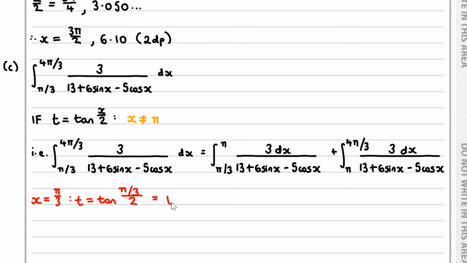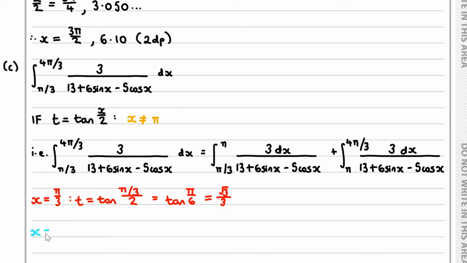So we've got the tangent of pi over 6, which you'd find to equal root 3 over 3.